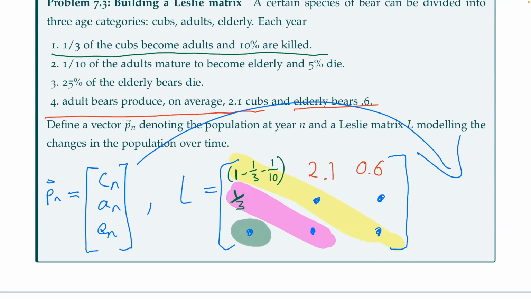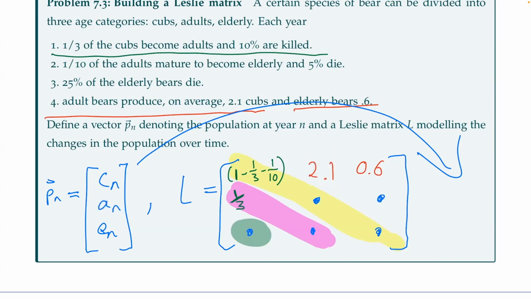What else do we have in this? What about above that main diagonal? Above that main diagonal, the remainder of this first row is going to be births. Think about what happens when we multiply out by this matrix. If I do it one by one, this element here is going to get multiplied by An, and that's our contribution to Cn plus 1. So this is adults producing cubs in the next year.